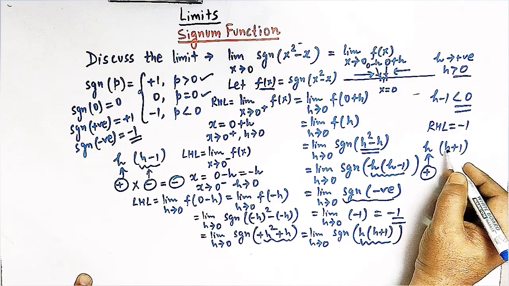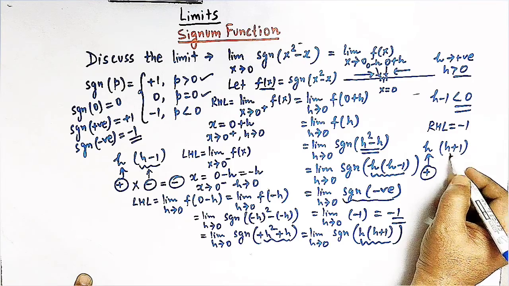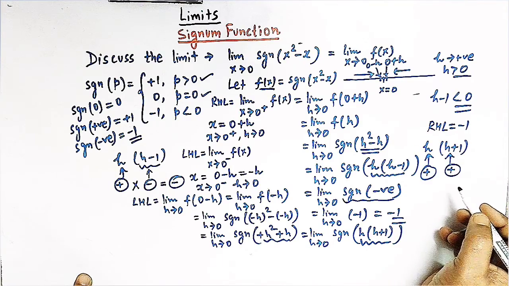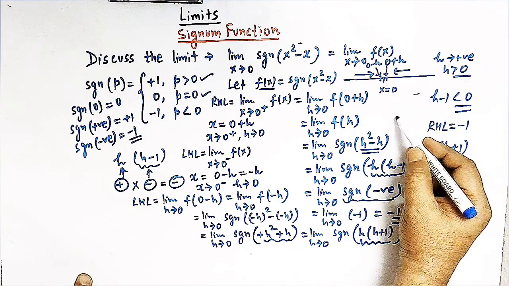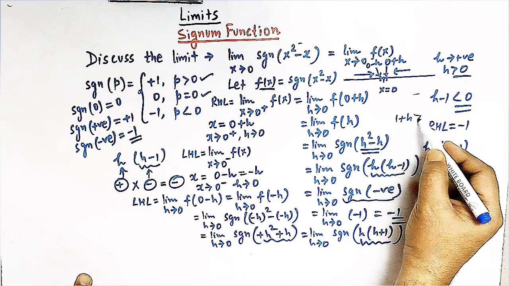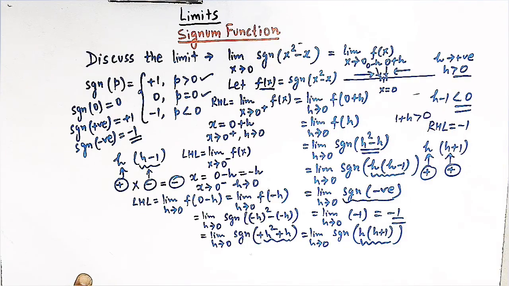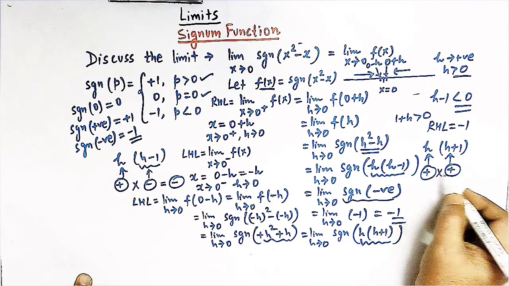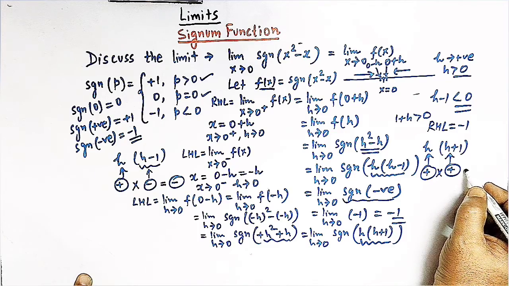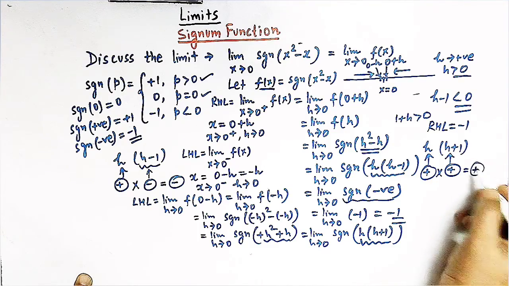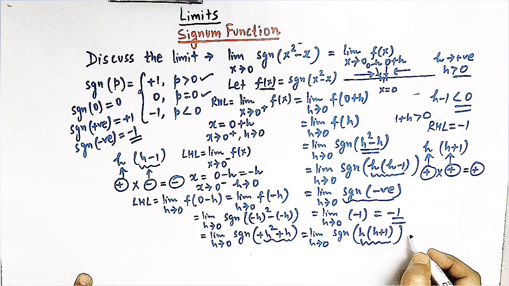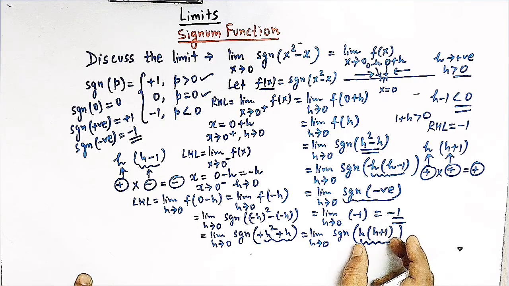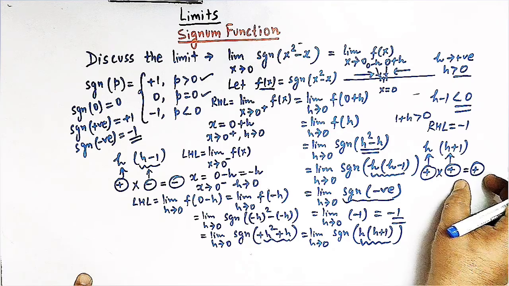So when we add h to 1, then h plus 1 is again a positive quantity, because h is greater than 0. So 1 plus h is greater than 0, right? And the product of these two positive quantities is always going to be a positive quantity, right? So here h times h plus 1 gives us a positive number, right?